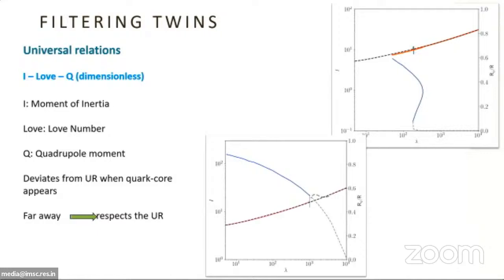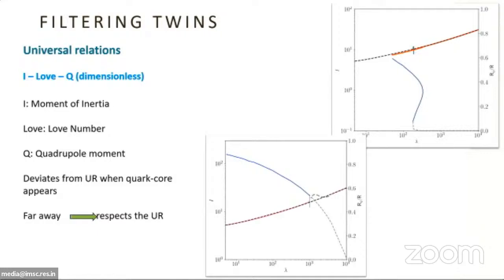But suddenly, once it goes to the second branch where the star can have a quark core, this universal relation starts to break. However, at very high and very low densities, they again follow the universal relation. So this is one way of differentiating twins or first order phase transitions from normal smooth equations of state. However, these are for only one equation of state.